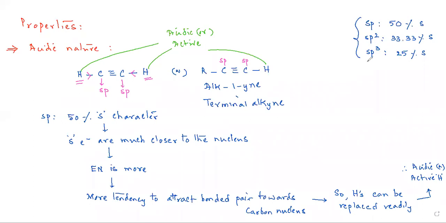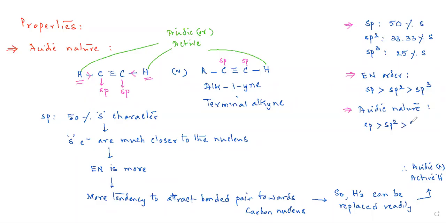So in general, if we observe this, the electronegativity order follows this particular order: sp, sp2, sp3, and then the acidic nature order will be again sp, sp2, sp3, because greater the electronegativity, greater is the tendency to attract the bonded pair, so the hydrogens are easily replaced.